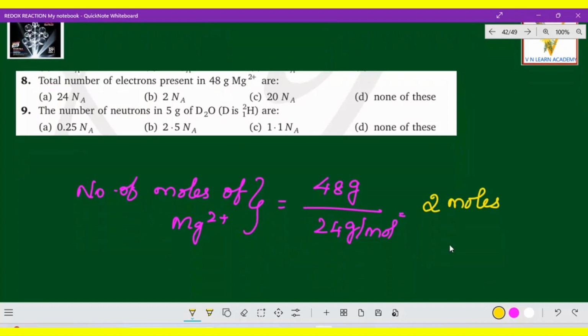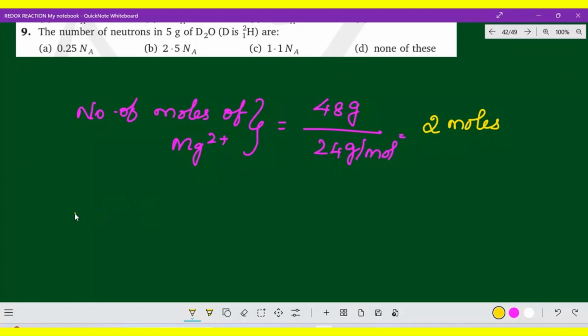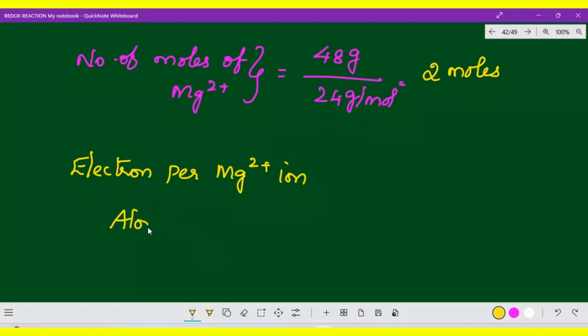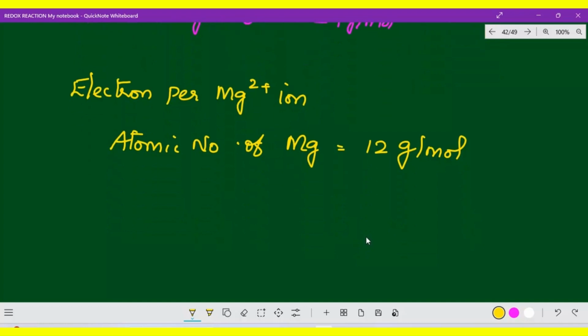Now electrons per magnesium ion. Here Mg2+ ion is mentioned. A minus charge means addition of electrons, plus charge means donation of electrons. The atomic number of magnesium is 12, and atomic number means electron equals proton, so 12 electrons or 12 protons. Here 2 electrons are donated, so minus 2 electrons.